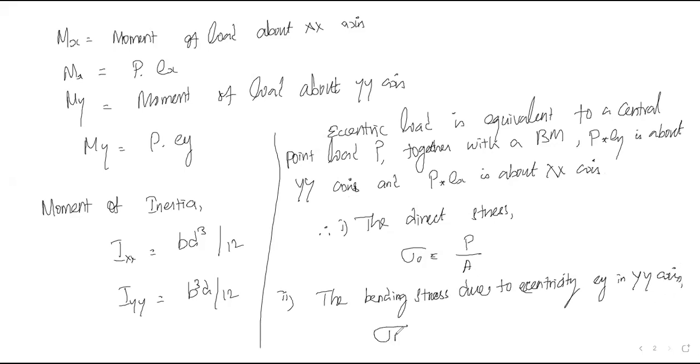Sigma B is equal to M by I into y, correct? So instead of that, what we are going to say now, sigma By, that is with respect to YY axis, is equal to Myy by Iyy into x.